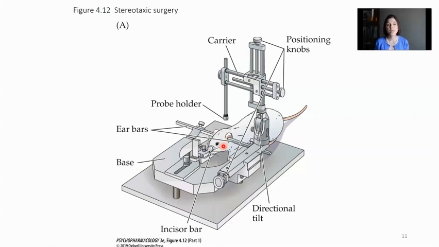For example, we can implant a cannula, which would allow us to infuse a drug directly into the brain. This means we could test the effects of that drug in various regions of the brain rather than having to give it to the whole animal systemically. But all of these techniques are possible because of the stereotaxic frame and the advantage it has in letting us be very precise in targeting neural structures.